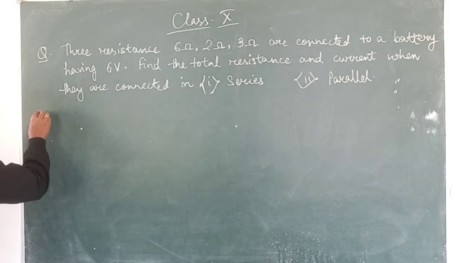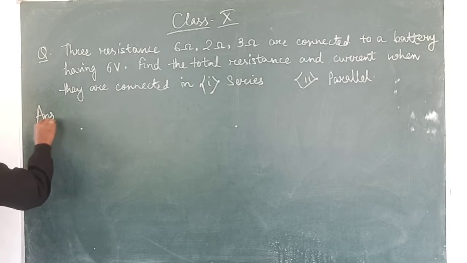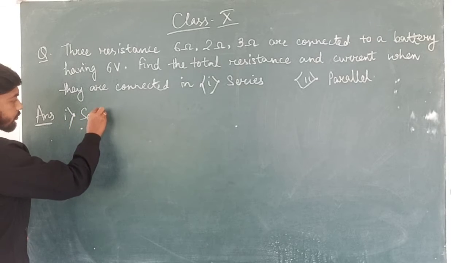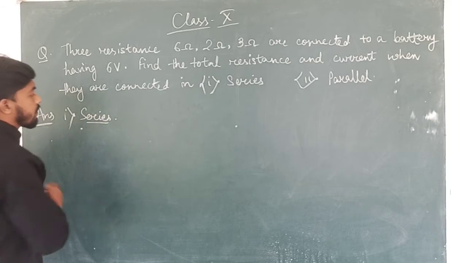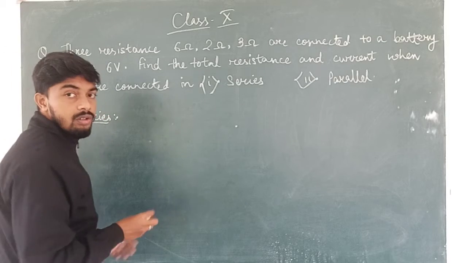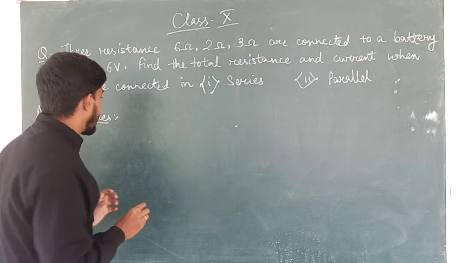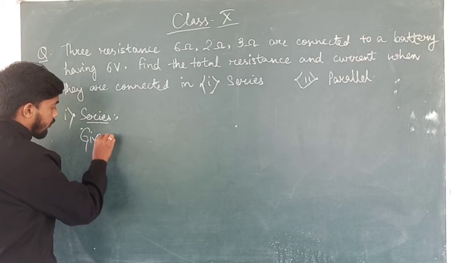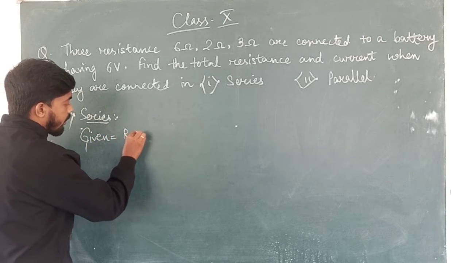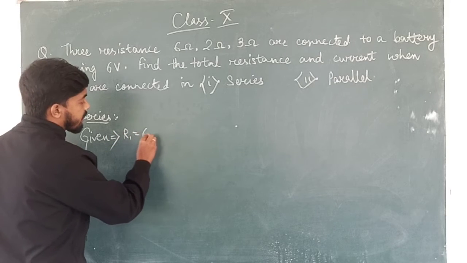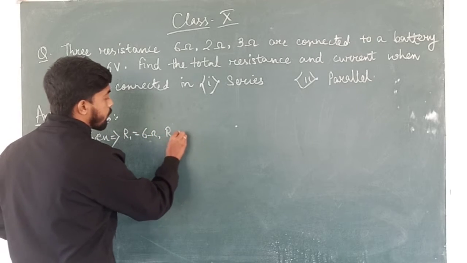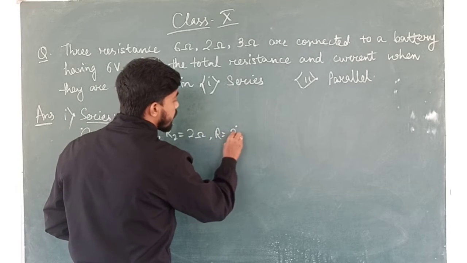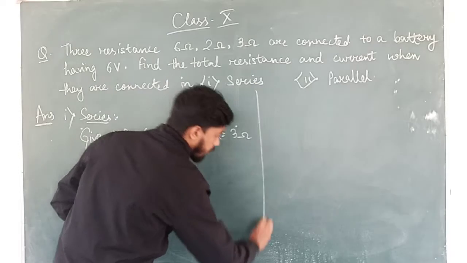So first we will do number 1, that is the series combination. In series, first we will write what things are given. Given: R1 is equal to 6 ohm, R2 equal to 2 ohm, R3 equal to 3 ohm.